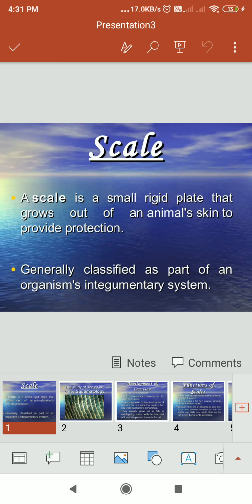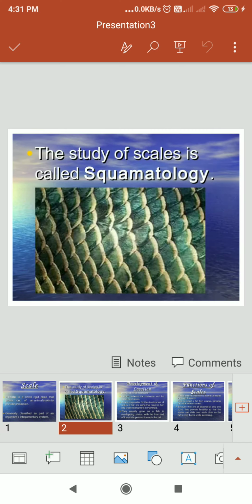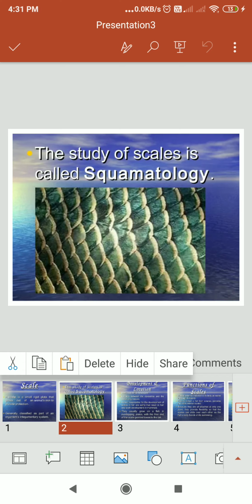So a scale is a small rigid plate that grows out of an animal's skin to provide protection mainly. Generally, it is classified as a part of an organism's integumentary system. The study of scales is called schematology.